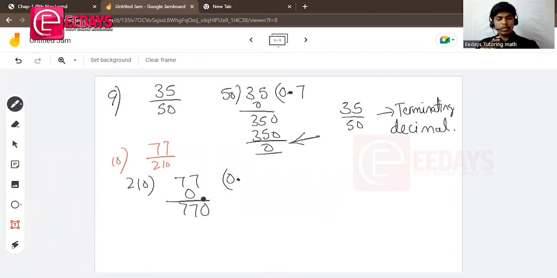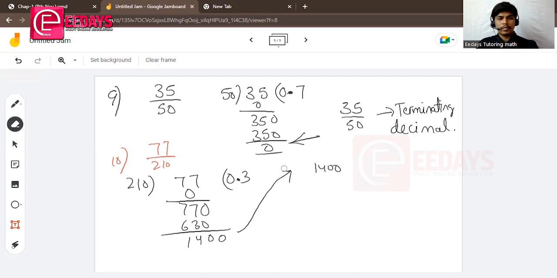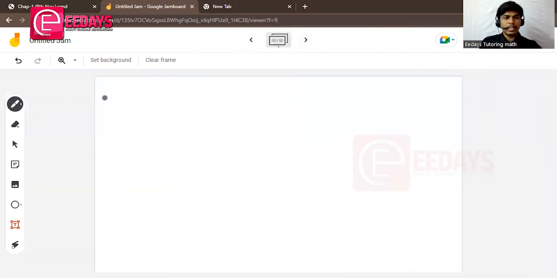So 210 into 3 gives 630. The remainder is 140, and we put a point here. Then 1400, and once again. Or else, better to do it on the next slide, because I think it is a lengthy sum. 77 by 210 is the question.